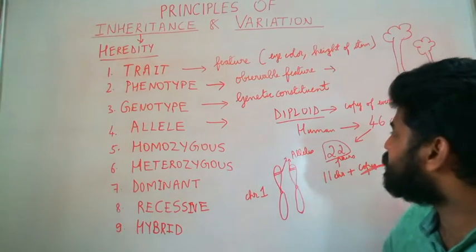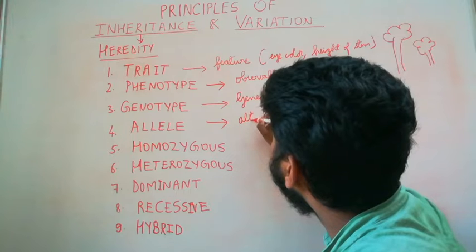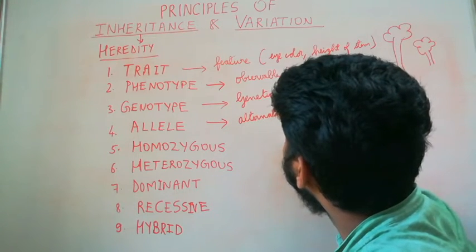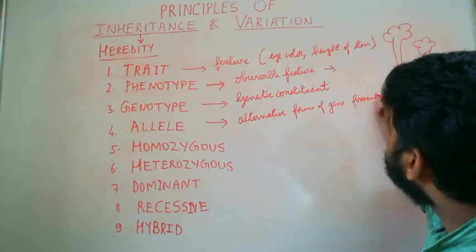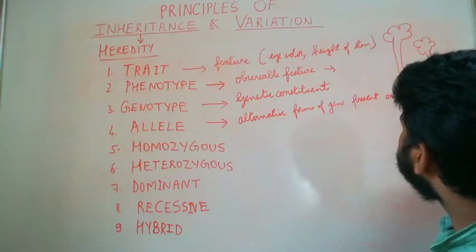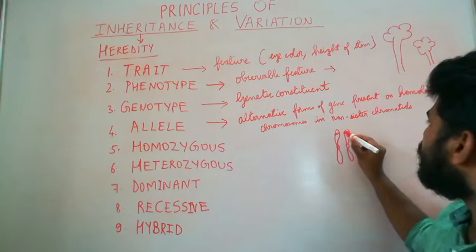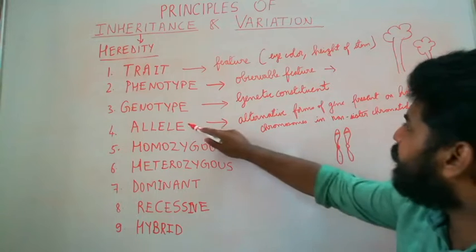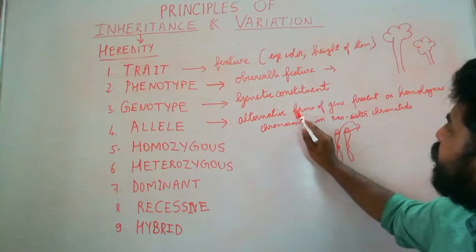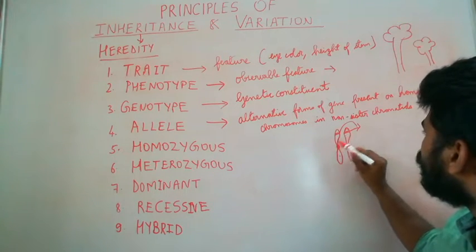So alleles are basically alternative forms of the gene present on homologous chromosomes. Both are present at the same position. Alleles are alternative forms of the gene present on homologous chromosomes.